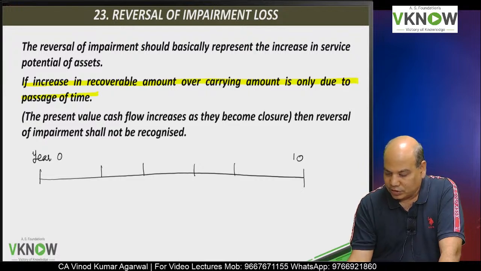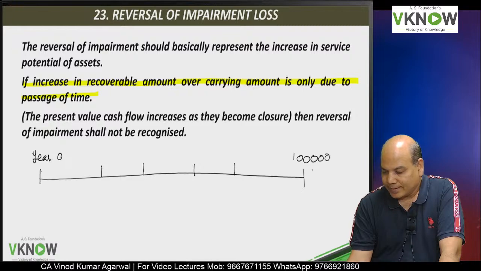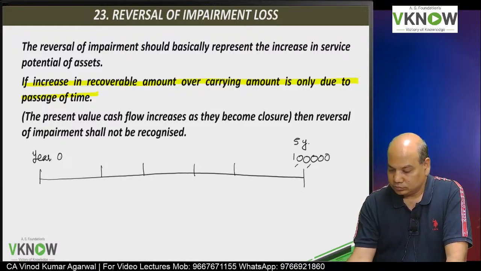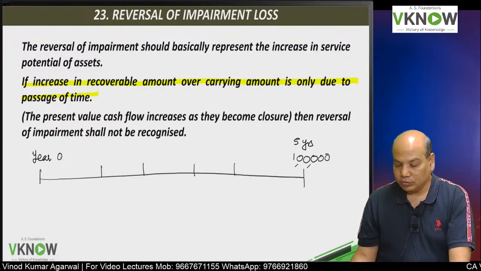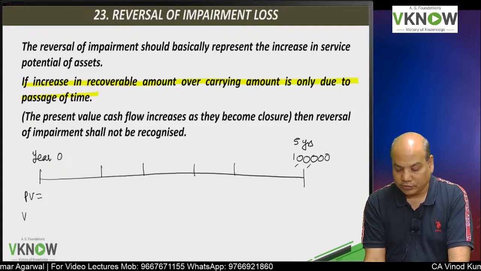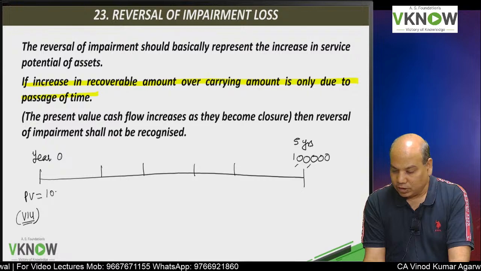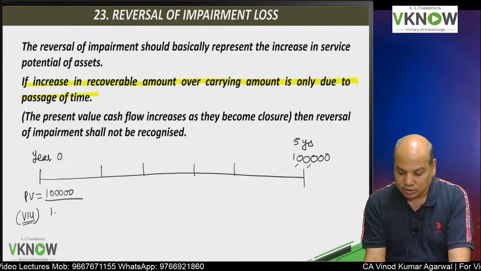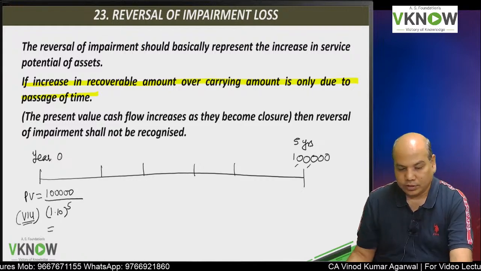An asset will generate, suppose 1 lakh after 5 years. If I have to compute the present value, that is value in use, I will take 1 lakh and suppose the discount rate is 10%, divide by 1.10 to the power 5.